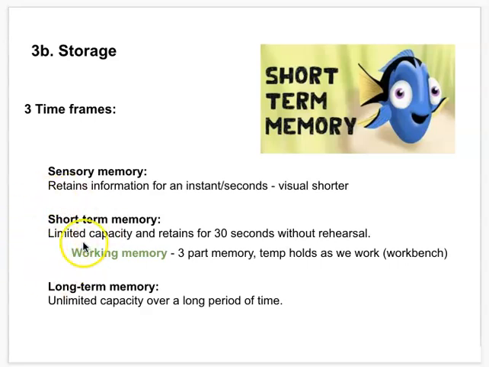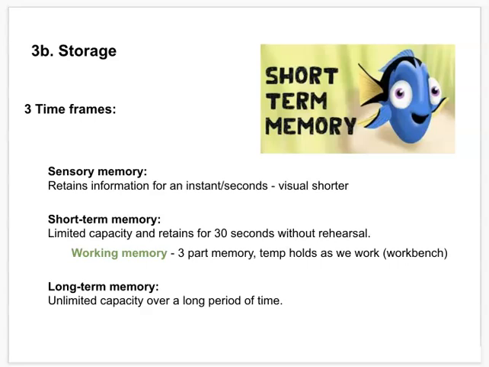Within this short-term memory is where the working memory is. Working memory temporarily holds work as we're doing it. It's analogous to a workbench, which is what they use in the text. Another one you might connect with more is RAM on your computer.